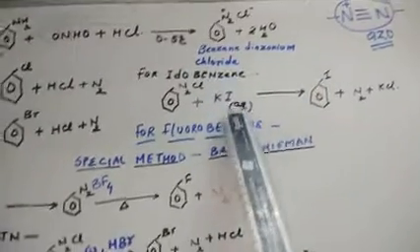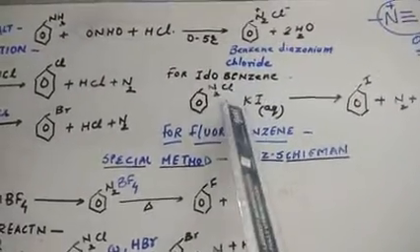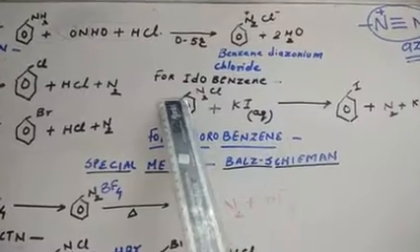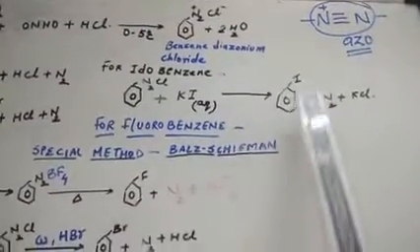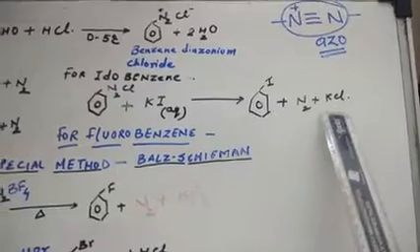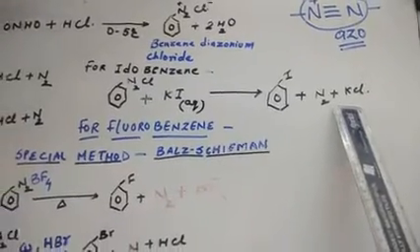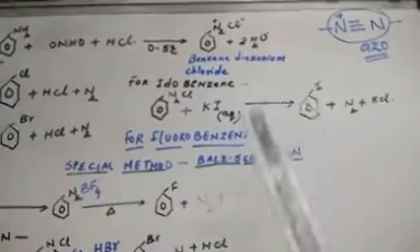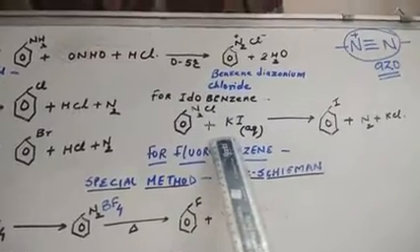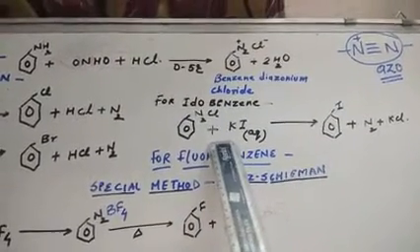Here KI, when reacting, we will get KCl, N2 will release out and iodide ion gets connected over this benzene ring. So we are getting iodobenzene, nitrogen evolving out and KCl is forming. So in this way, we can prepare iodobenzene directly without the presence of cuprous halides.